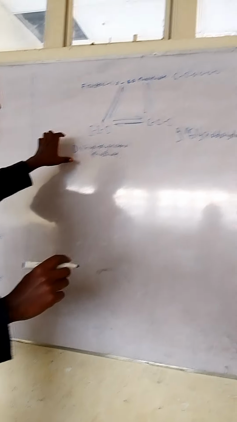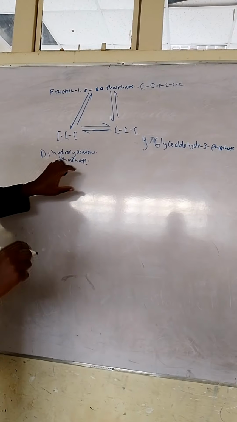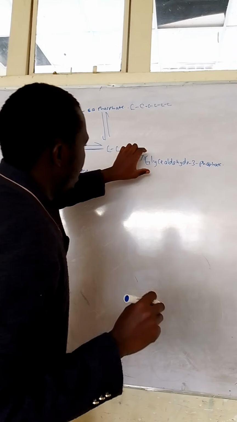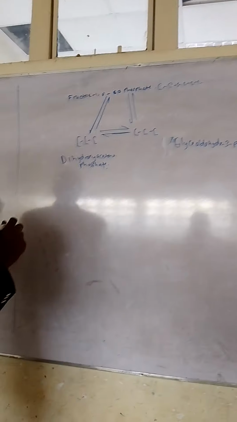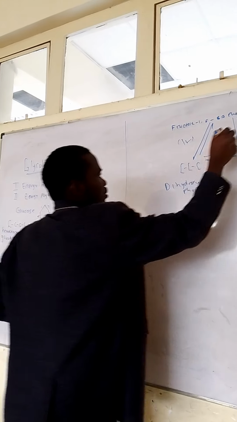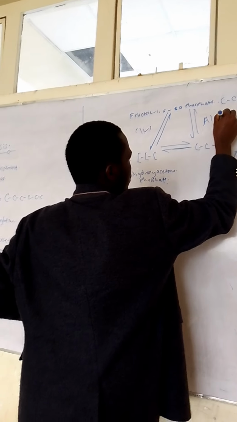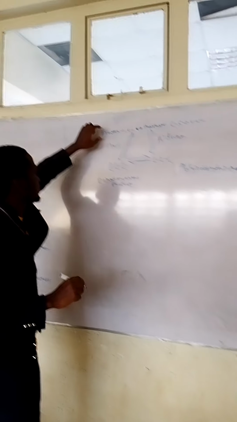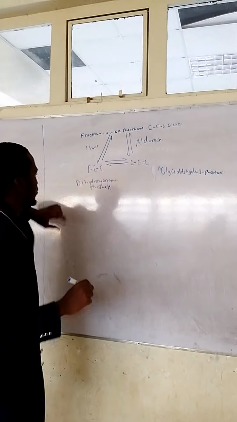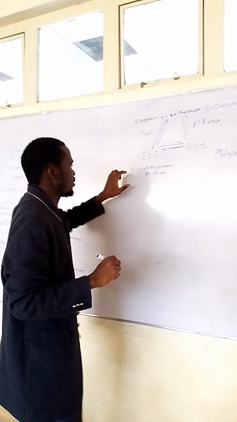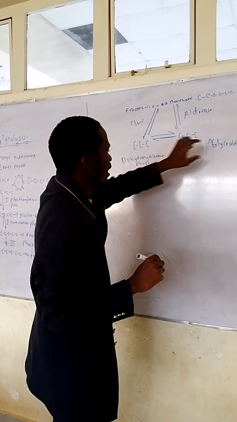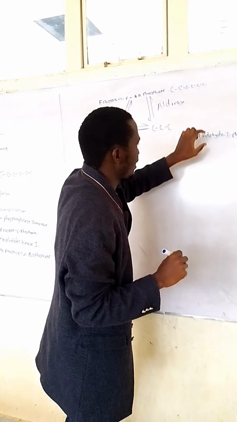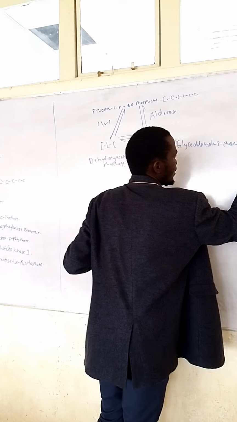The enzyme that facilitates the fourth process is called aldolase. Aldolase is the enzyme that splits fructose 1,6-bisphosphate into two: dihydroxyacetone phosphate and glyceraldehyde 3-phosphate, abbreviated as G3P.